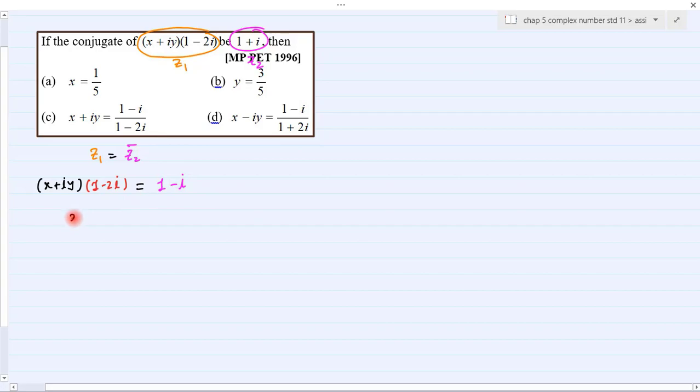For simplification, if we take 1 minus 2i on the right hand side, we will get (1 minus i) upon (1 minus 2i), which is given in option C. Ta-da!